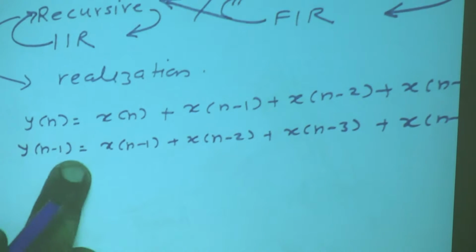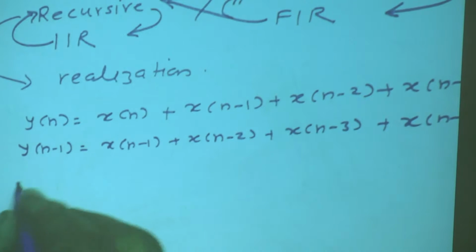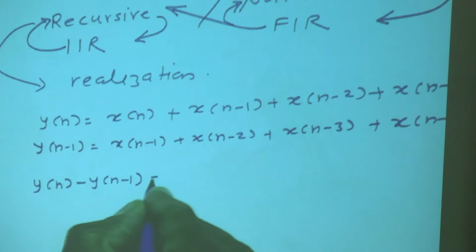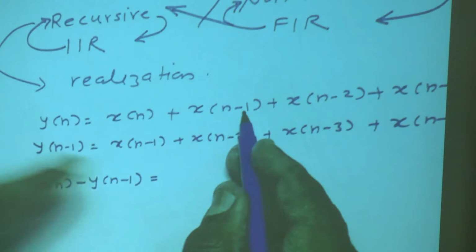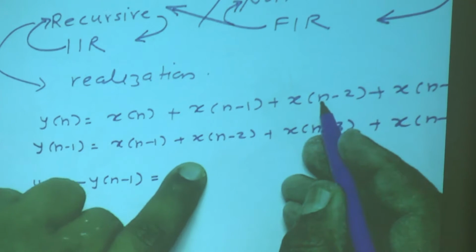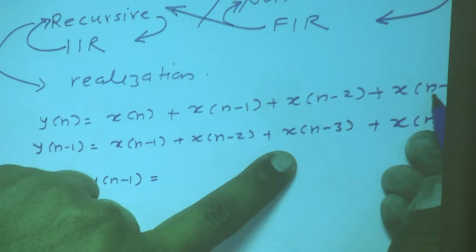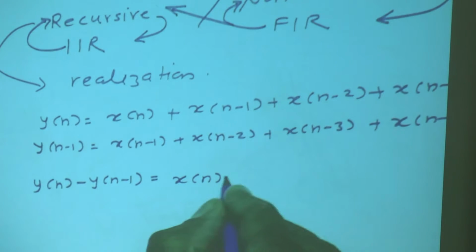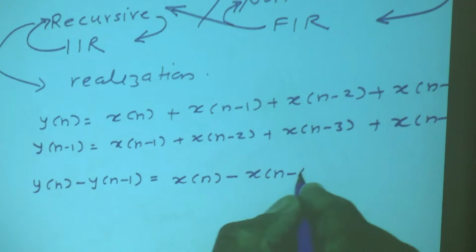Now subtract the second equation from the first. What you will get? You get y of n minus y of n minus 1 equal to: x of n minus 1 cancels with x of n minus 1, x of n minus 2 cancels with x of n minus 2, x of n minus 3 cancels with this x of n minus 3. What remains is only x of n minus 4.